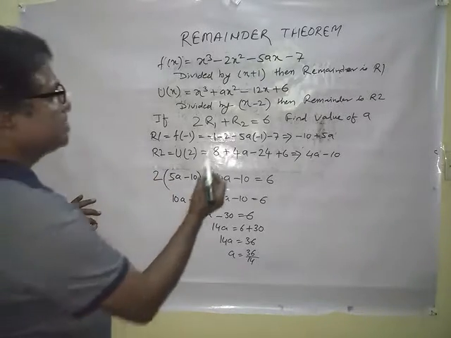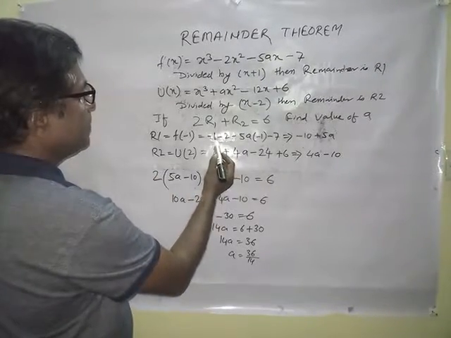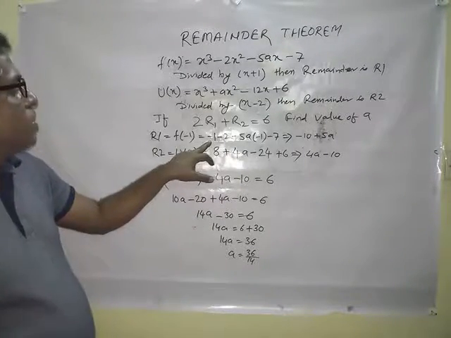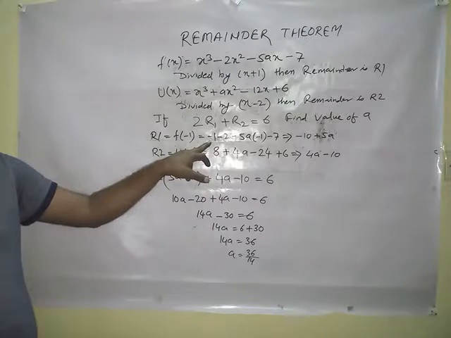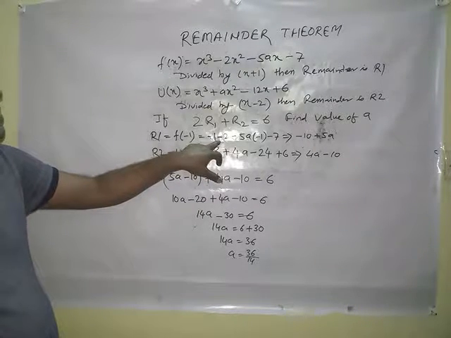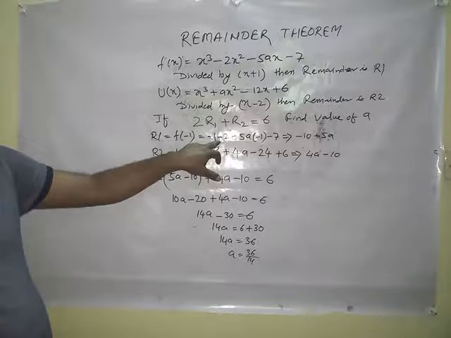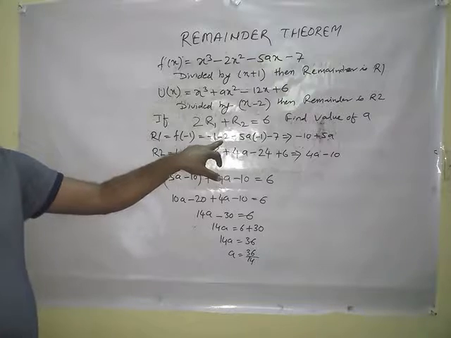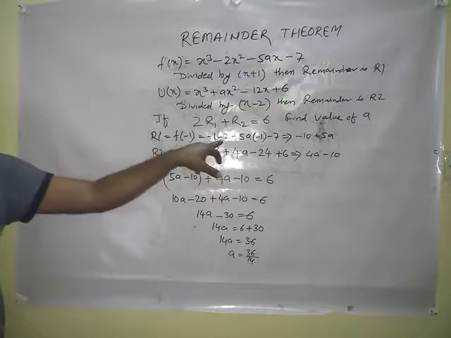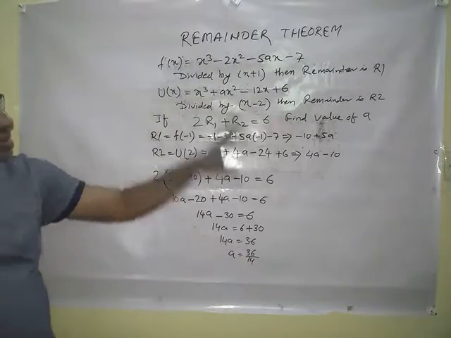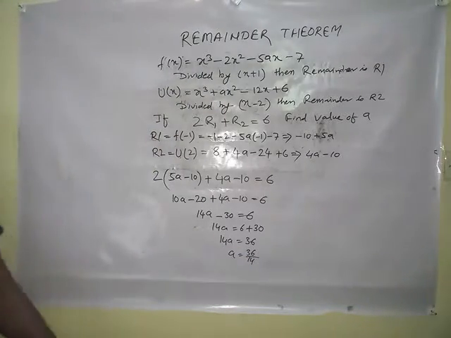Here, have we done something wrong? Oh, wait. Minus 1. Okay, here I had taken the question wrongly. Basically it is plus, but this is how you have to solve this.